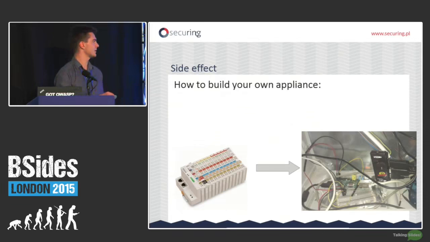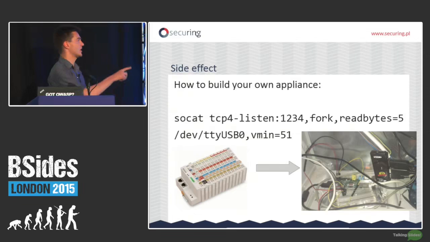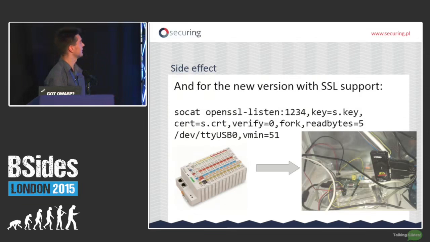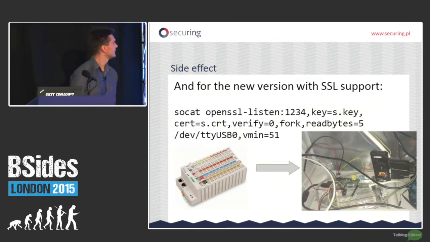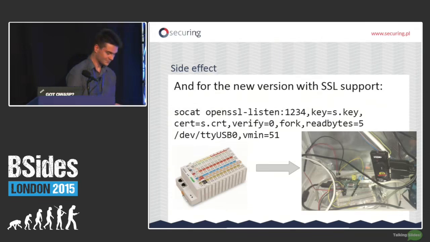He emulated everything that was in this box with a simple Raspberry Pi connected to his sensors and everything in the smart home, writing 1 line of bash code, which emulated the first version of the software. After adding the SSL, it was still 1 line of code, but a little bit longer. So this is how it works.